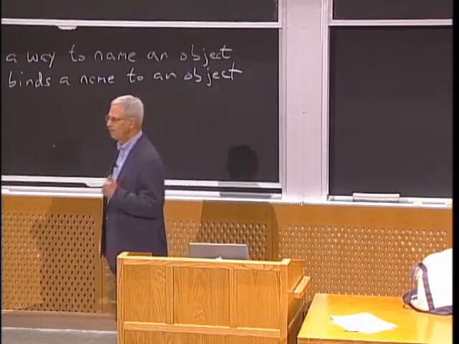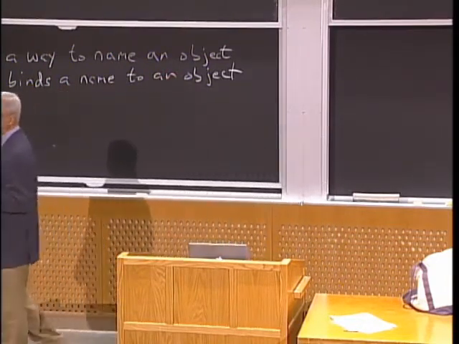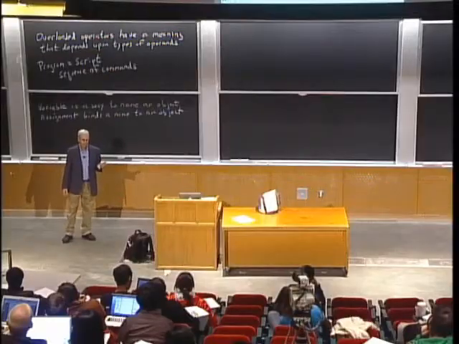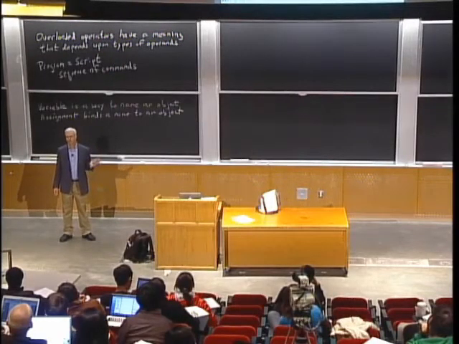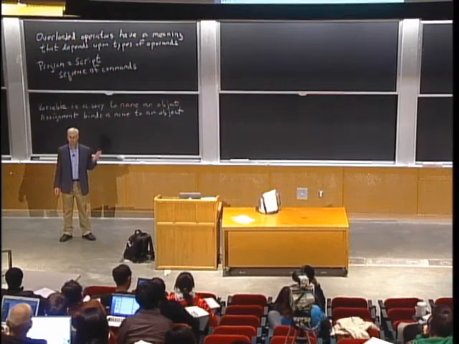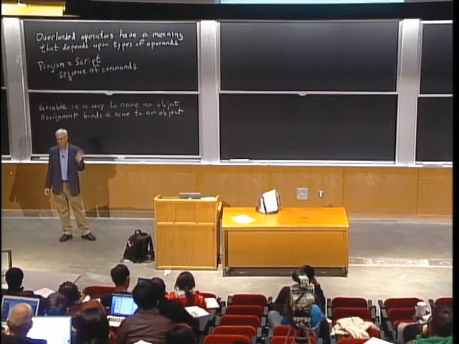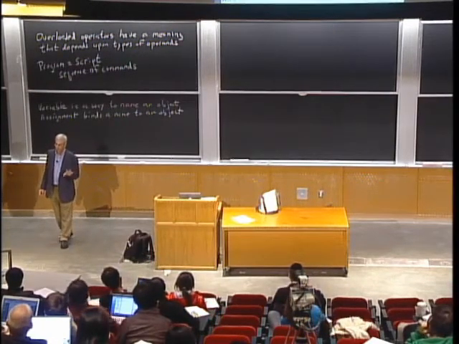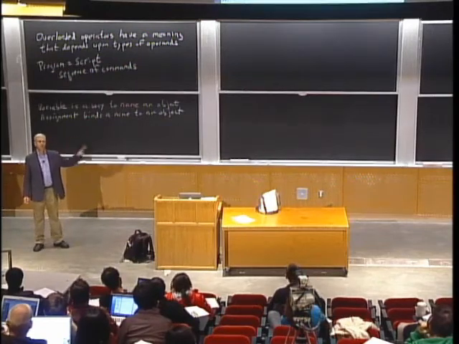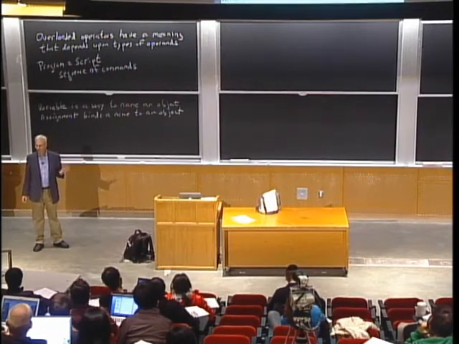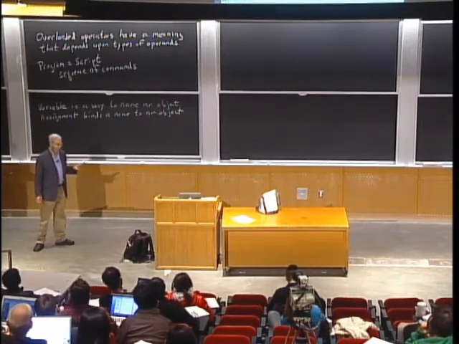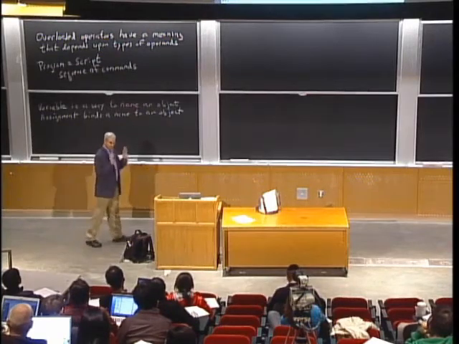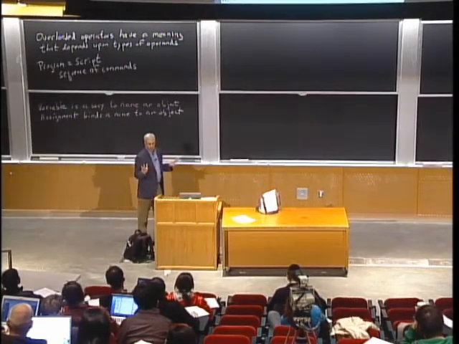There are two kinds of input statements in Python 2.x. There's raw input, which is the only one you will see me use, and input. Raw input, by the way, is the only one that exists in 3.0. So please just use raw input.